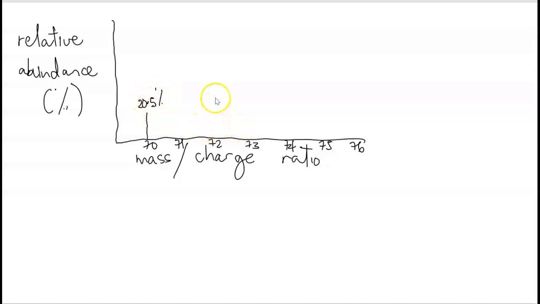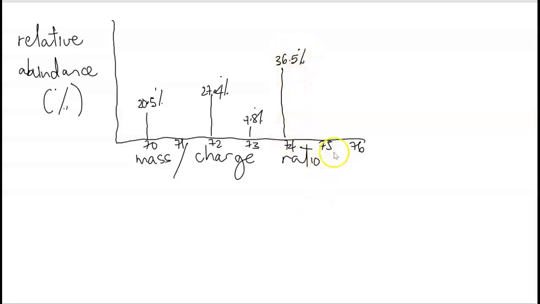Mass to charge ratio 72, let's say 27.4%. 73, we have 7.8%. 74, we have 36.5%.